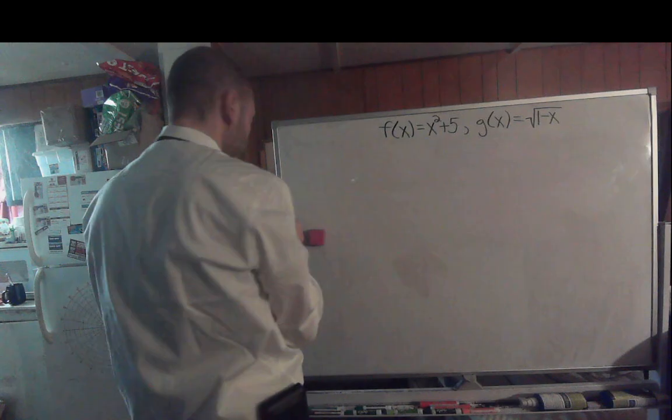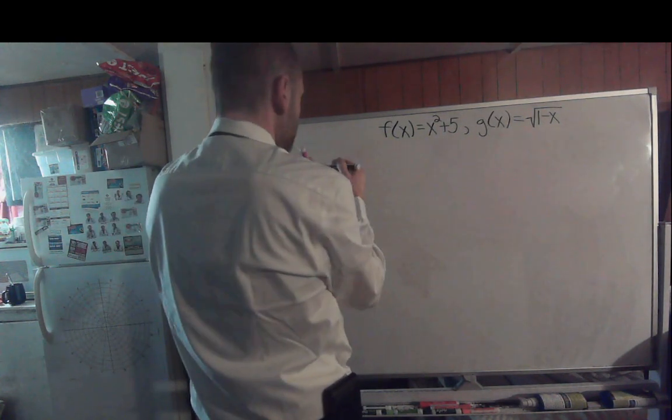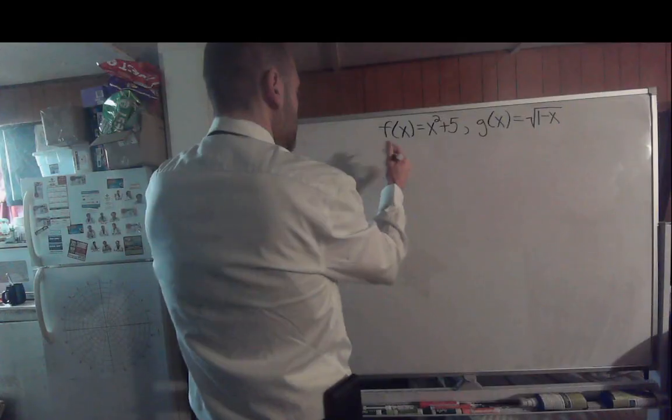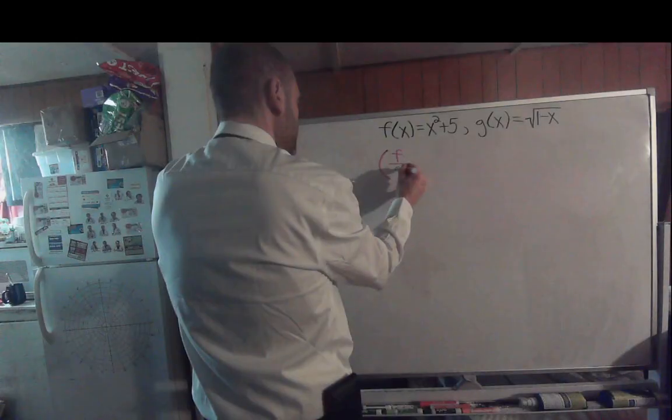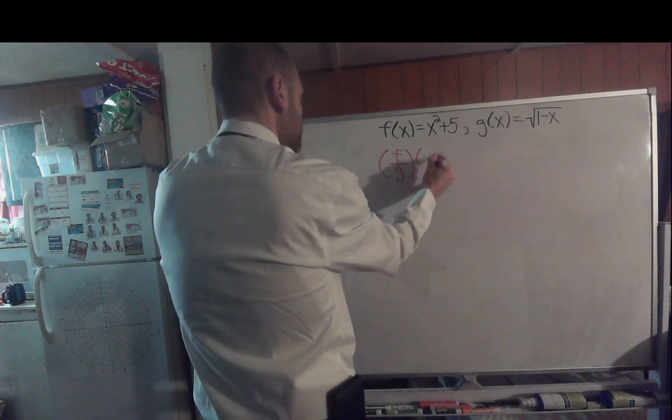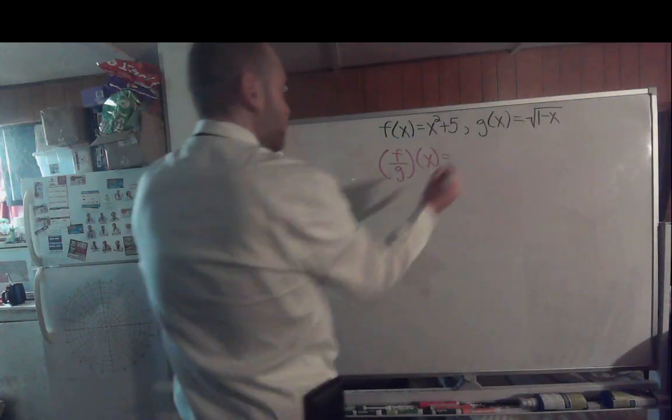And of course, we're going to do f divided by g of x. Whoops, wrong color. So let's do f divided by g of x. What are we going to get?